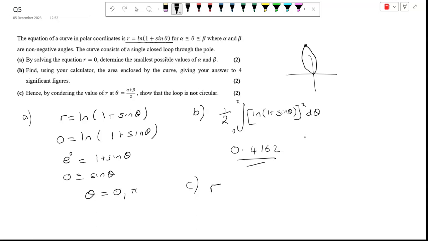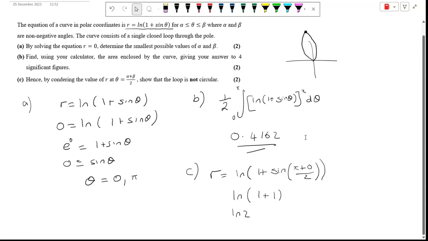Okay, so let's work out the r value when θ is equal to (α + β)/2. So r is equal to ln(1 + sin θ), and θ is (α + β)/2. So that's going to give us ln(1 + sin(π/2)). sin(π/2) is 1, so that's ln 2.